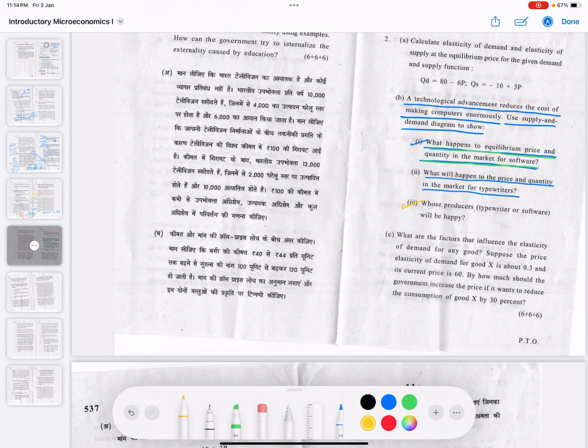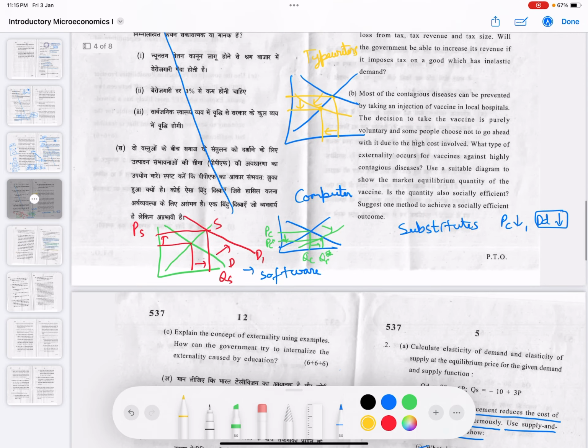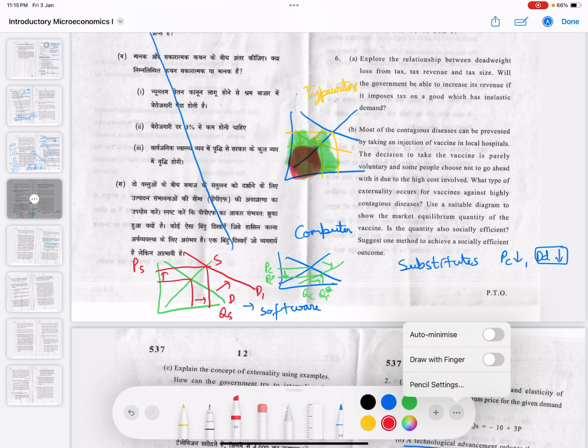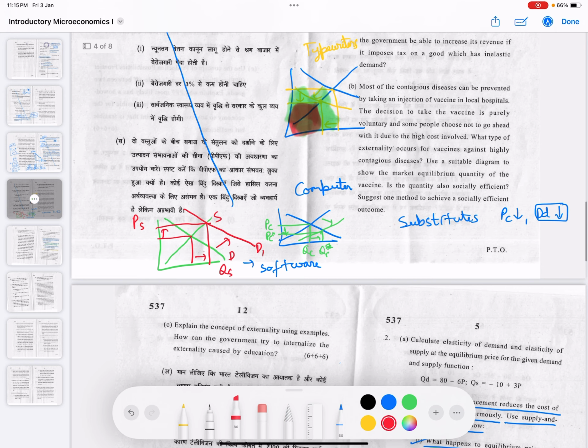Whose producers will be happy, typewriter or software? Now you can see the total revenue. Initially it was this area, whole green. Now it is this area only. So the typewriter producers are not happy because the total revenue has fallen.